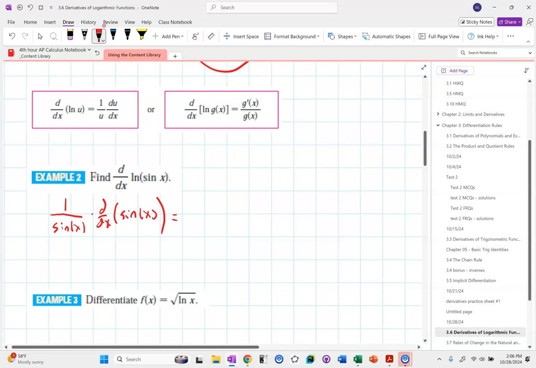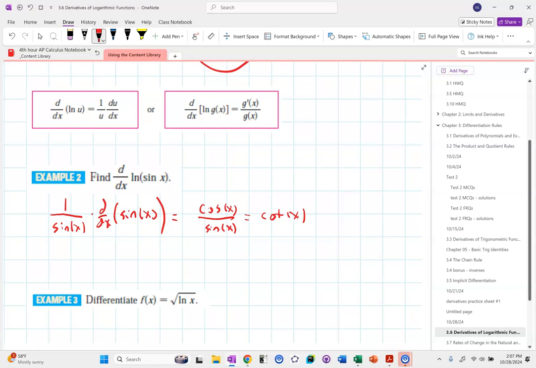The derivative of sine is cosine. So I'm left with cosine over sine. Who recognizes that? That is cotangent. What do you guys think? Pretty sweet so far.